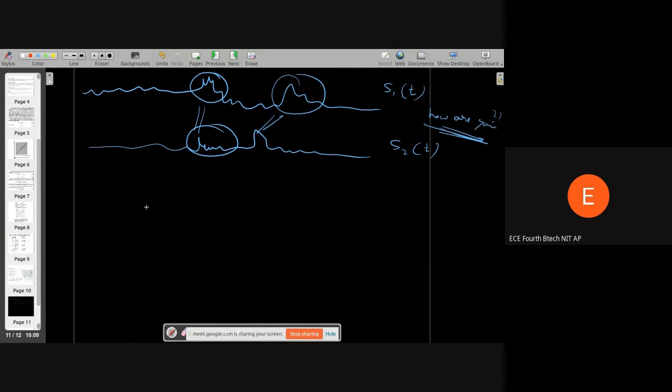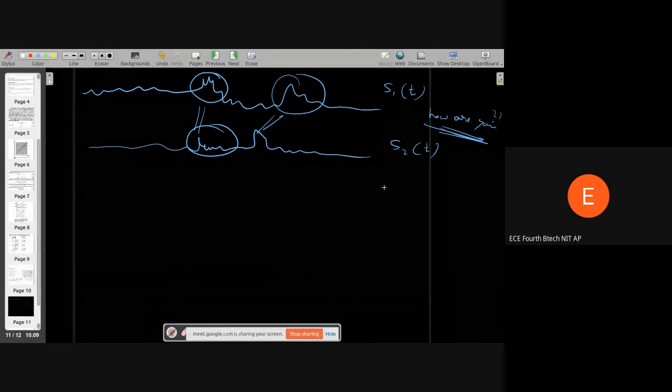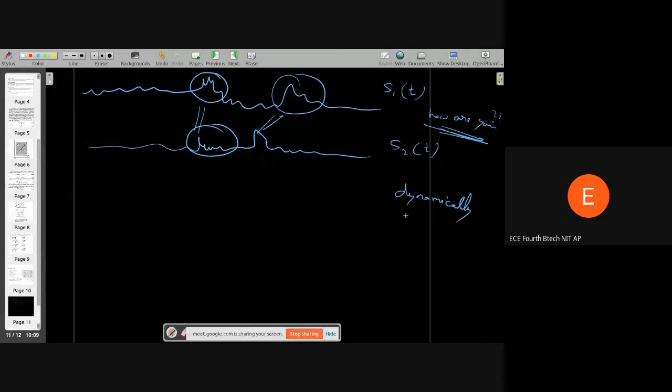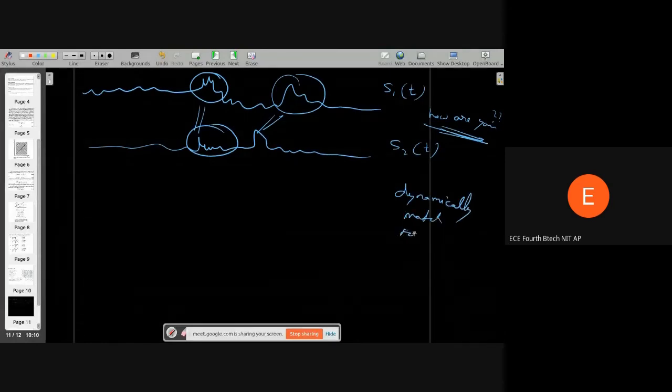So this is the main objective of dynamic time warping: to dynamically match two sequences. Now this could also happen not only in speech, it could be, let's say, genetics, DNA sequence matching, and so on and so forth. But to match two sequences, that is the objective.